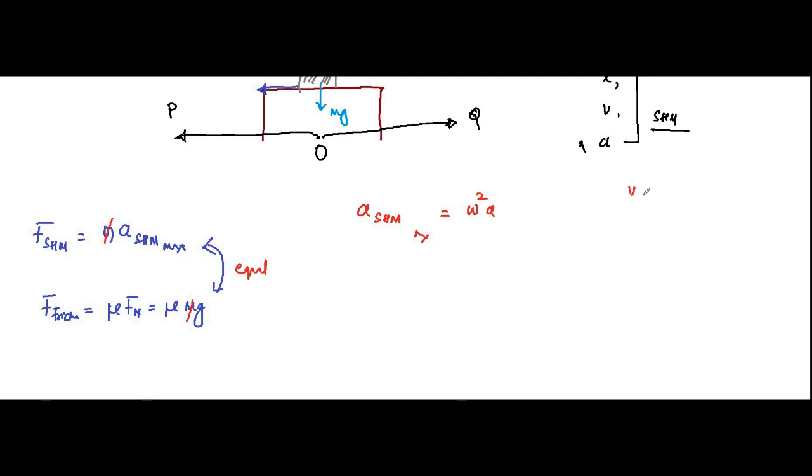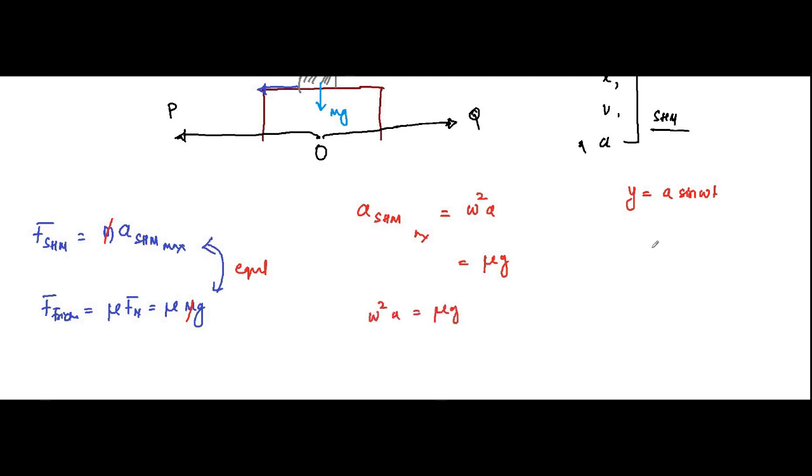Suppose the SHM motion is represented as a sine omega t, where a is the amplitude, then the maximum value of the SHM acceleration is equal to mu g. So omega square a is equal to mu g.